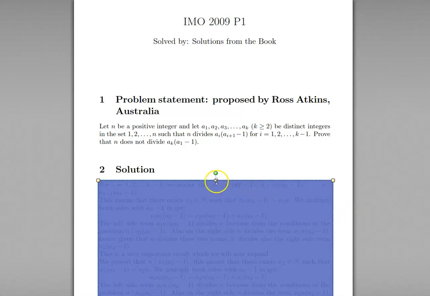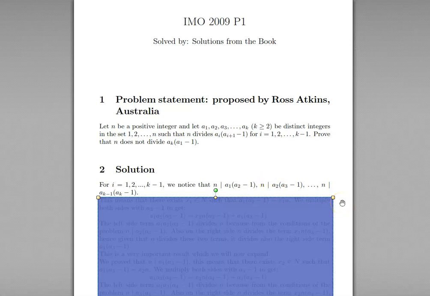First of all, we start with some simple observations about the problem. We are given that for i from 1, 2 up to k minus 1, n divides a1 times (a2 minus 1), n divides a2 times (a3 minus 1), and so on, up to n divides a_{k-1} times (ak minus 1).